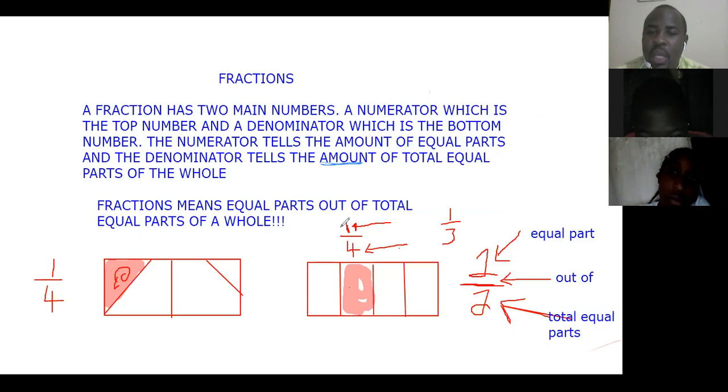It means 1 equal part out of 4 total equal parts, okay? Yes, sir. So read this to me again. 1 equal part is taken out of 4 total equal parts. One more time. Come on, Dejan, you can do it.